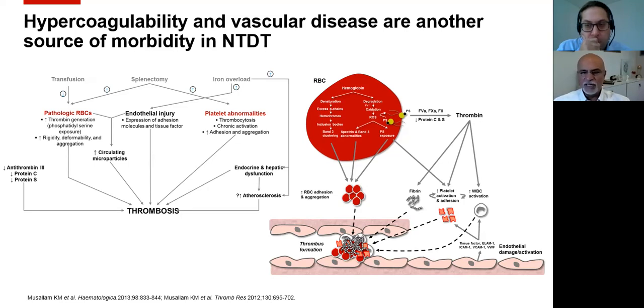Together with an endothelial damage, with increased platelets, together with those that are splenectomized as a risk factor, those that are iron overloaded, those that are anemic, all of these together are multifactorial that would lead to the thrombosis in this group of patients. But the most important would remain the pathological red blood cells.